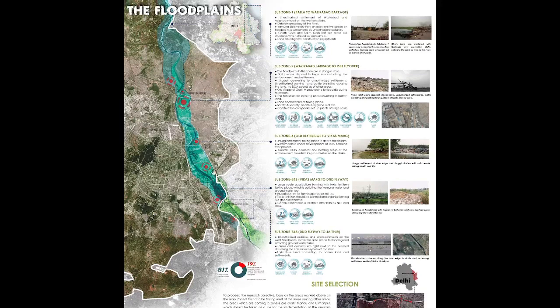I came to know that the western part of the floodplains is highly occupied with settlements and developments, but the eastern part is somewhere barren, and some green parts are in a dangerous state.